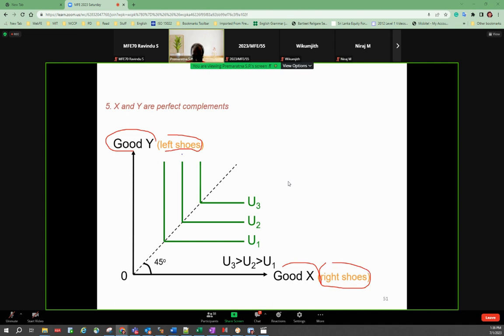If you increase only right shoes, you don't get additional satisfaction. If you increase simultaneously, you have to increase the Y also. It actually reaches another point, so moving in this direction, you get the additional value.